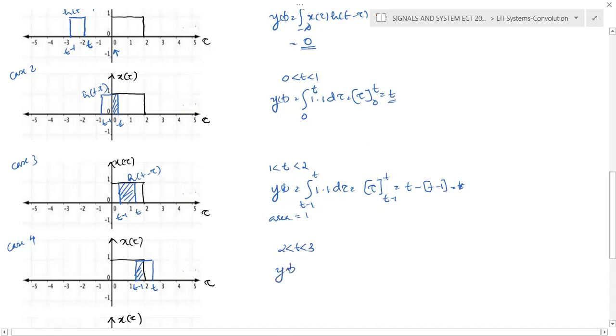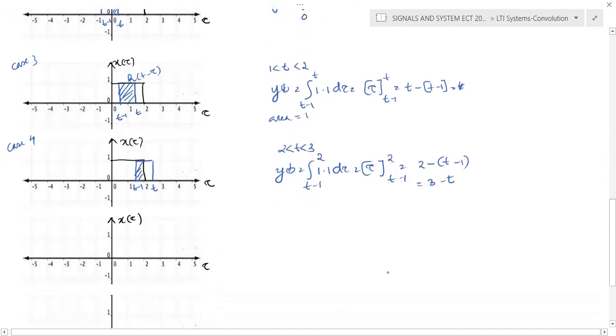Now y of t can be written as the integral starting from t minus 1 up to 2 of 1 into 1 d tau. So we can apply the limit t minus 1 to 2, which gives 2 minus (t minus 1). So it becomes 3 minus t. For this duration, the answer is 3 minus t.